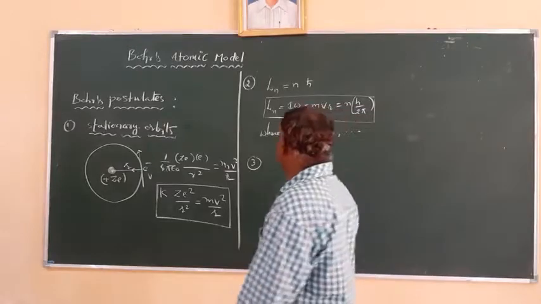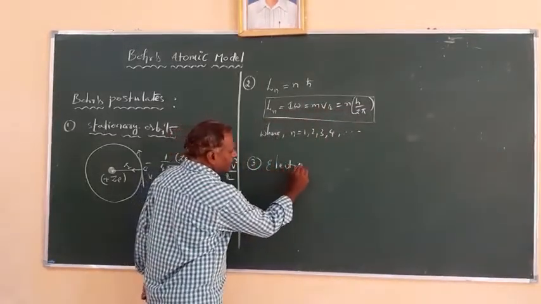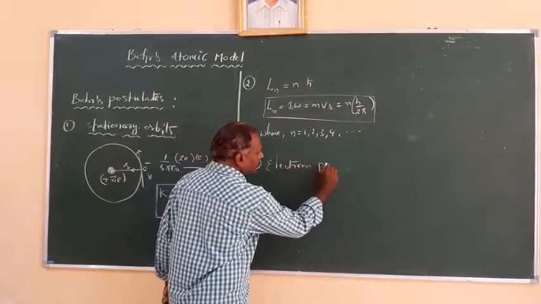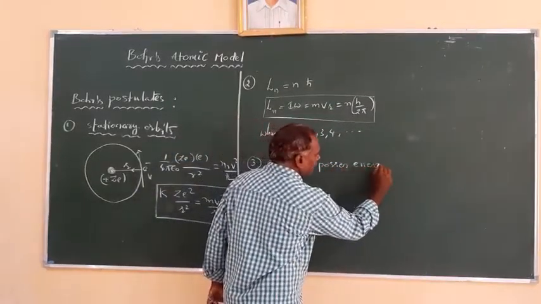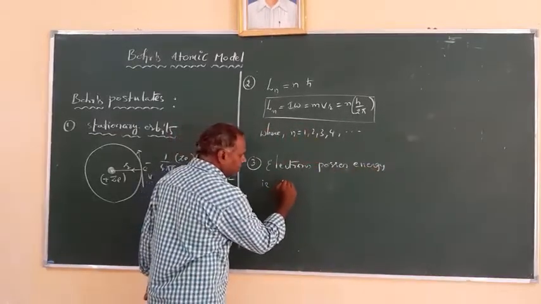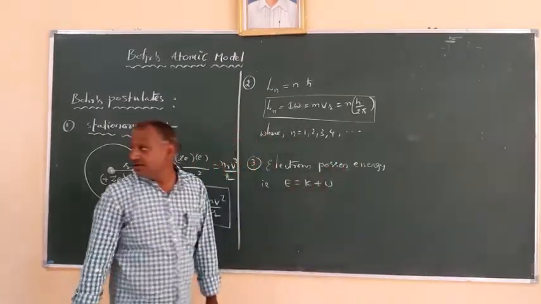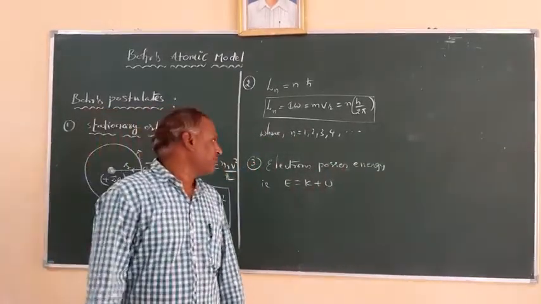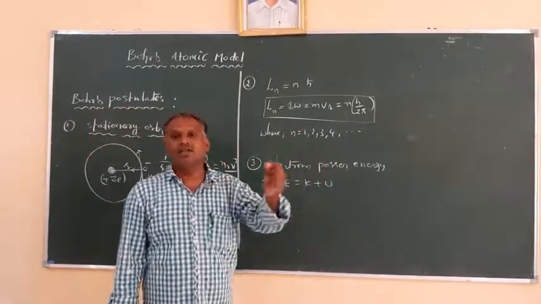So electrons possess energy, that is, E is equal to kinetic energy plus potential energy. The sum of both these energies gives the total energy of the electron in any orbit.